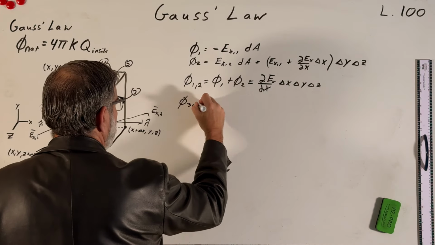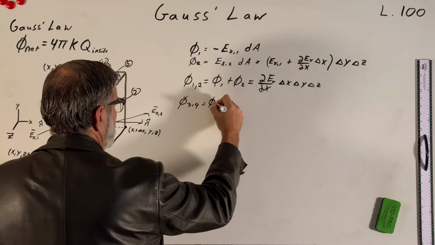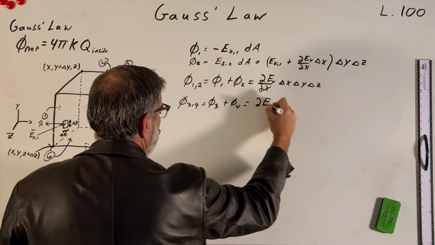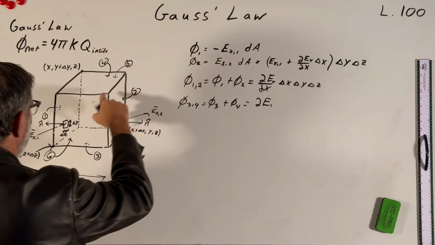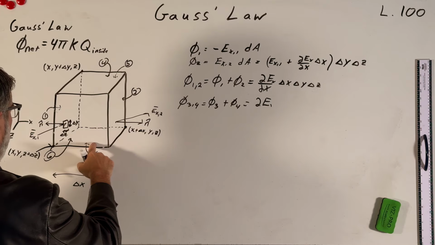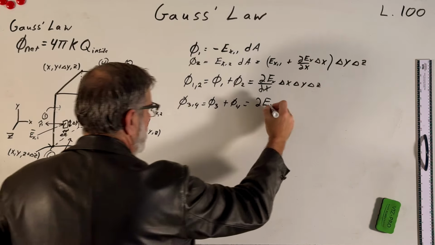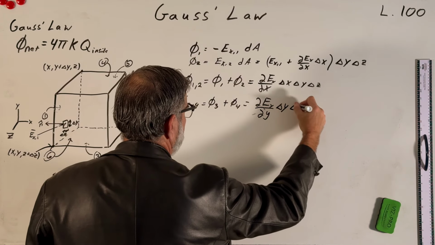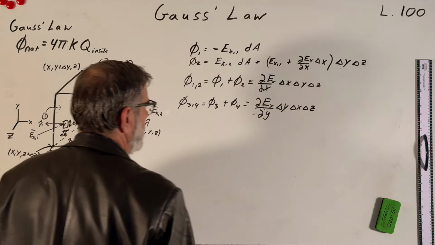And it wouldn't surprise you, which is going to be phi 3 plus phi 4. It's going to look very similar, except it will be dE sub y, dy, times delta y, times delta x, times delta z, right?